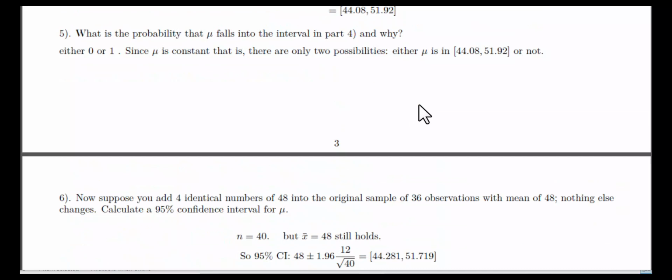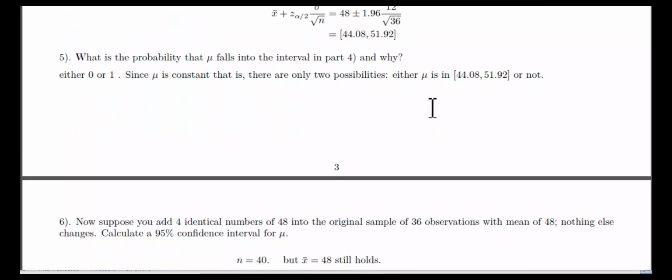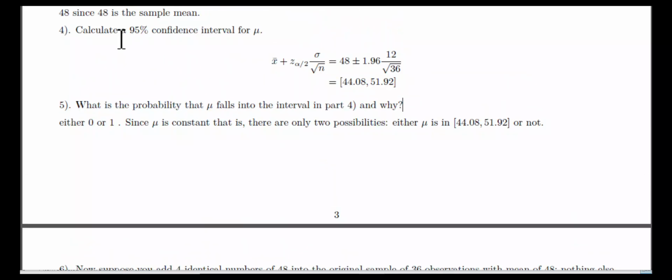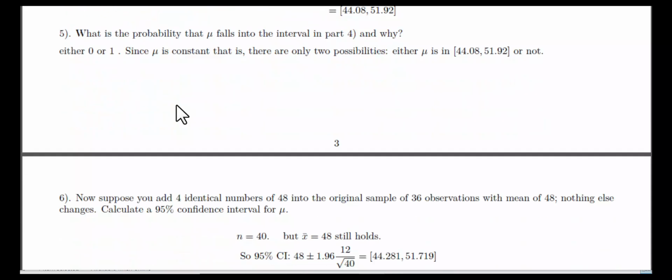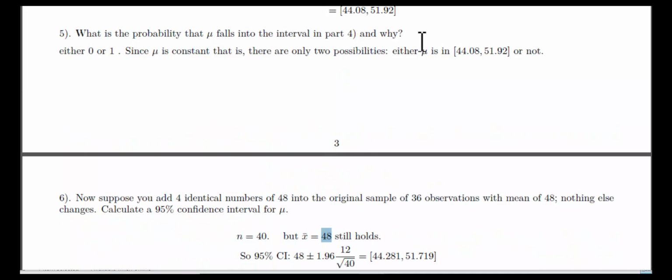So from here, we could say that to achieve the same confidence level, both 95%, a larger sample size does better, even though the point estimate x bar is the same: here it is 48, here it is 48 also.